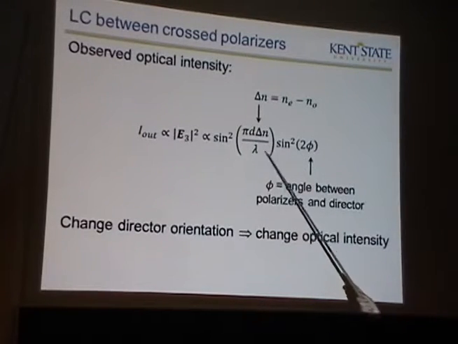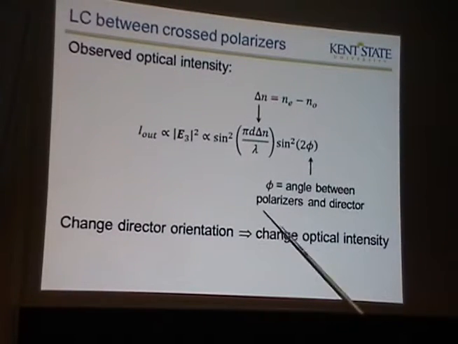And if you change either of those things, you change the optical intensity, you change how much light gets through your device. That's the simplest possible liquid crystal display, something that can switch between black or shades of gray to white. Then, of course, there are lots of refinements beyond that that take you into iPhones and so forth.